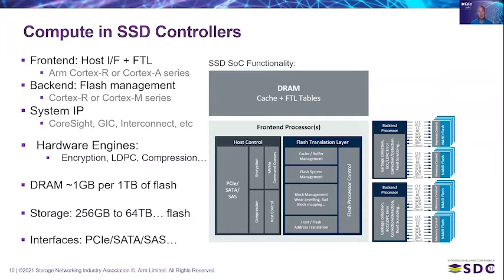In the front end, there's usually a block that manages the host interface and the flash translation layer. Typically, there are multiple Cortex-R or sometimes Cortex-A CPUs involved in that logic and data movement. In the back end for flash management, again, a number of Cortex-R or possibly Cortex-M CPUs, depending on the performance point that a particular SSD is targeting.